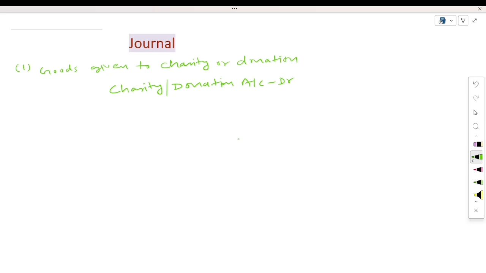And if we purchase the goods, what entry do we pass? Purchase account debit to cash account. If we purchase on credit, purchase account debit to creditors account. So at the time of purchasing the goods, the purchase account is debit. Now you are donating the goods, so your purchase account will be credit.